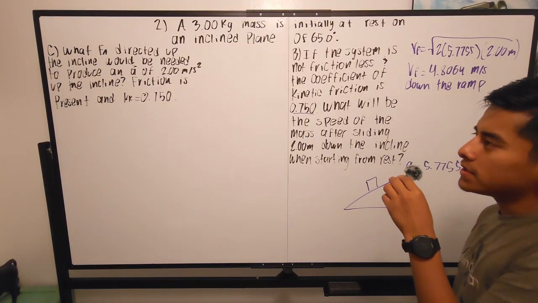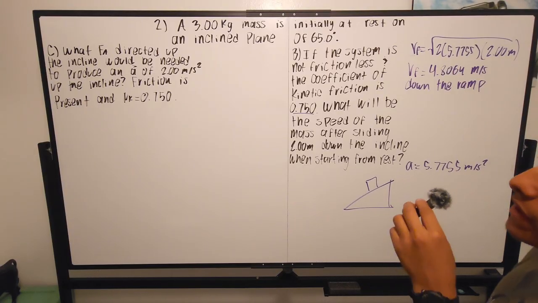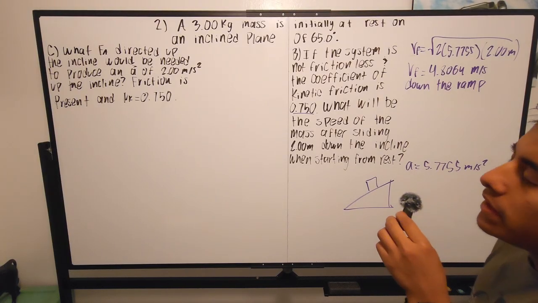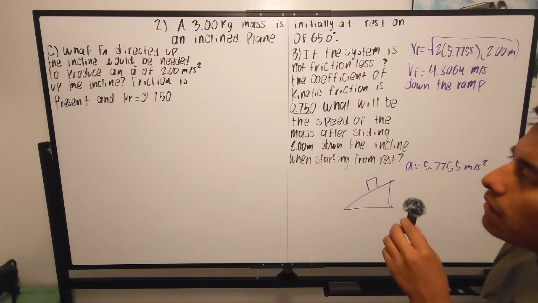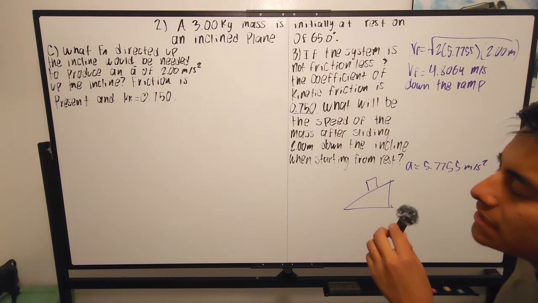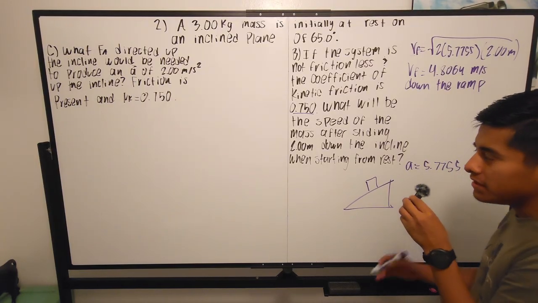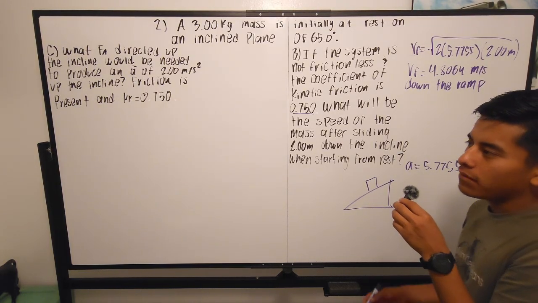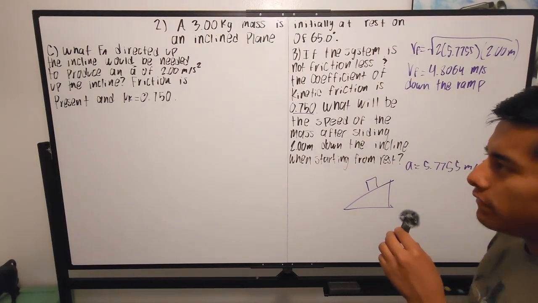The final part of this problem says what applied force directed up the incline would be needed to produce an acceleration of 2 meters per second squared up the incline. Friction is present and mu k is equal to 0.75. So now we're actually given the acceleration and we want to look for the force. Specifically, we want to look for the applied force.